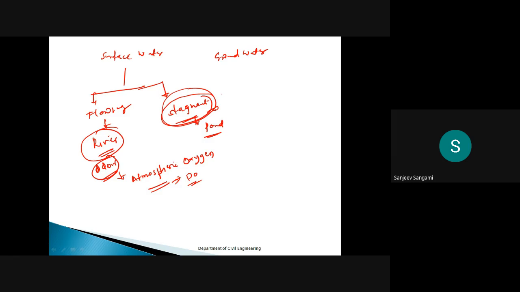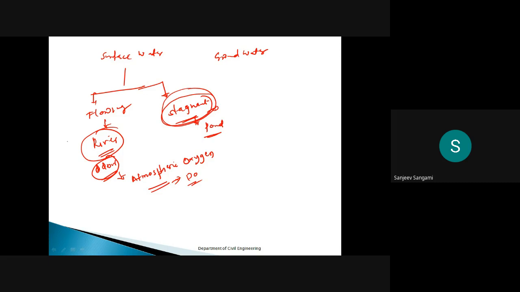In stagnant water there is no inflow or outflow, so whatever dead plants, dead animals or small microorganisms are there will be retained in the pond itself. That is not good for health, so you are not supposed to drink pond water or stagnant water.